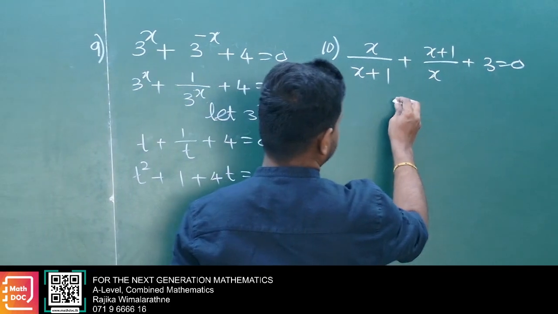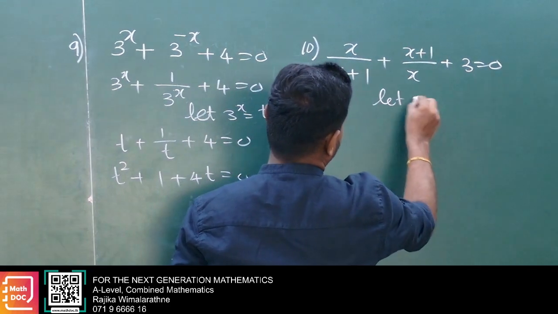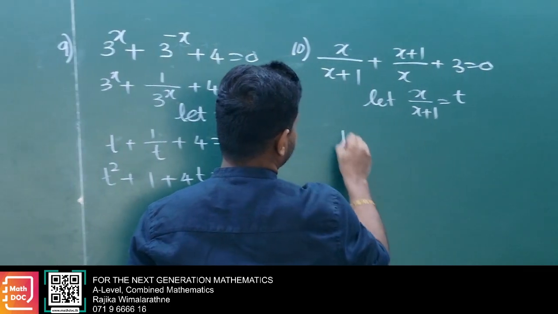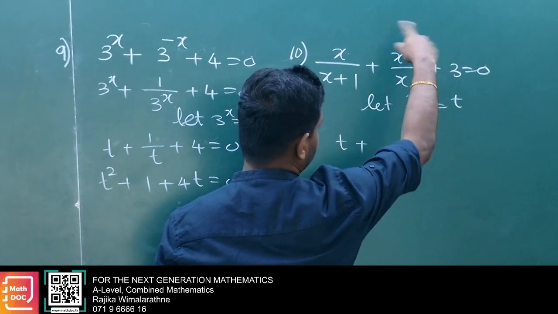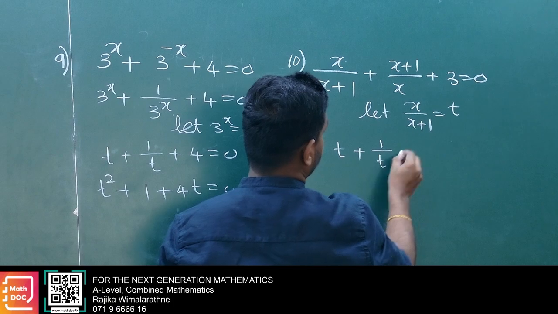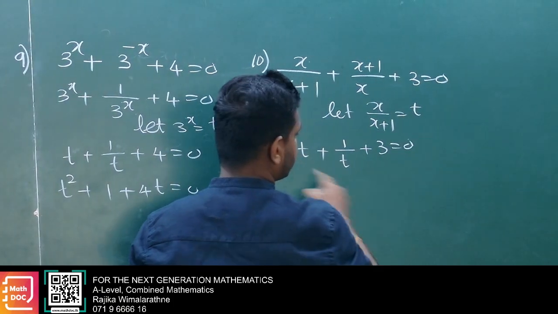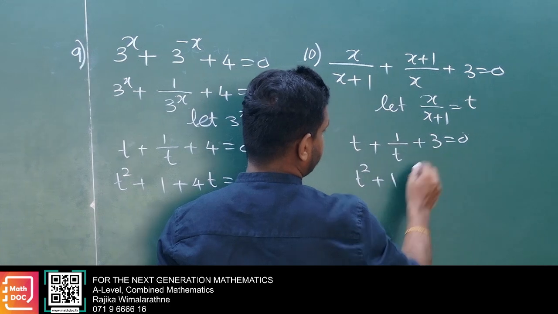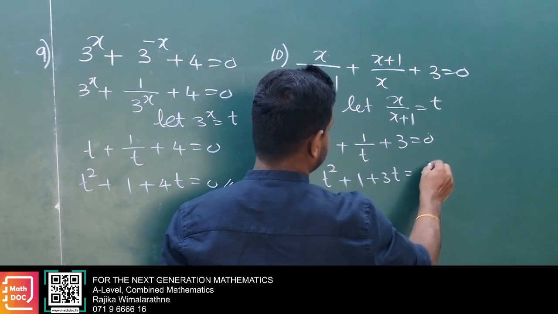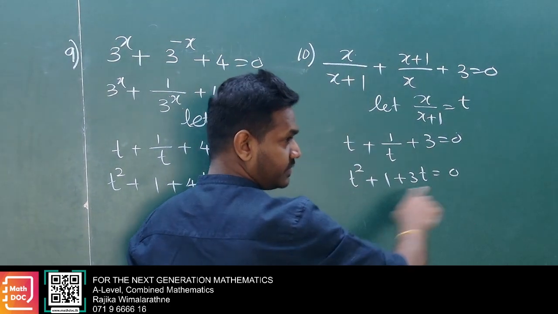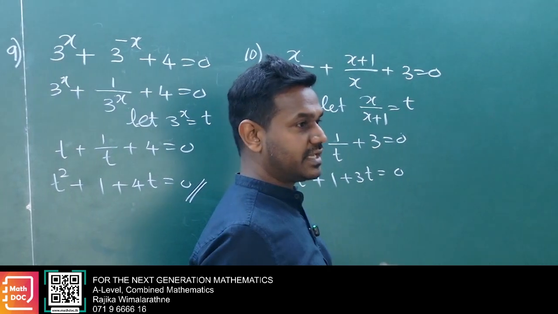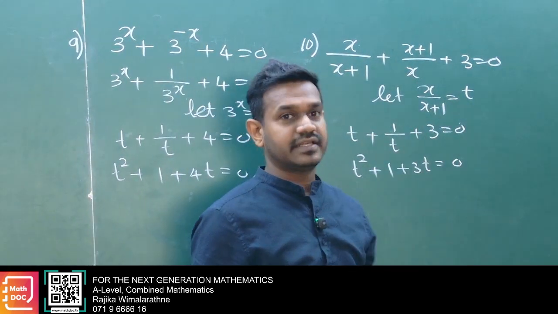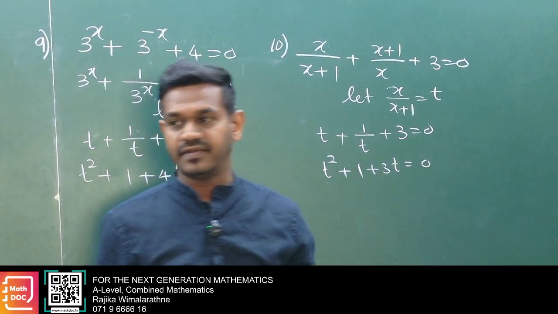So the substitution is x over x plus 1 equals t. Put it here: t, then x plus 1 over x, its reciprocal, 1 over t, plus 3 equals 0. Then multiply all by t: t squared plus 1 plus 3t, other side 0. Now we have converted it to quadratic, no? So these are reducible quadratic formats. Write it.